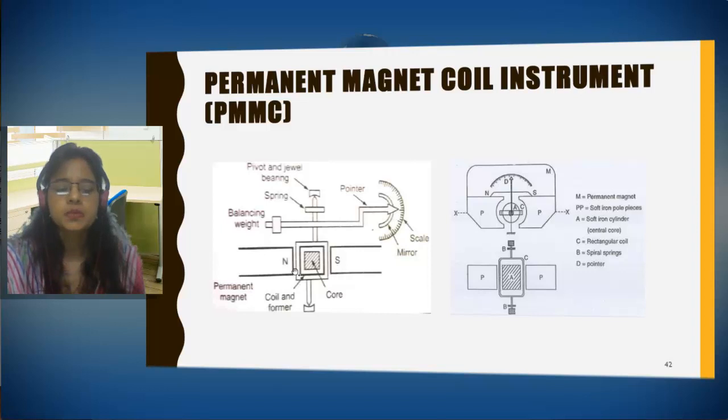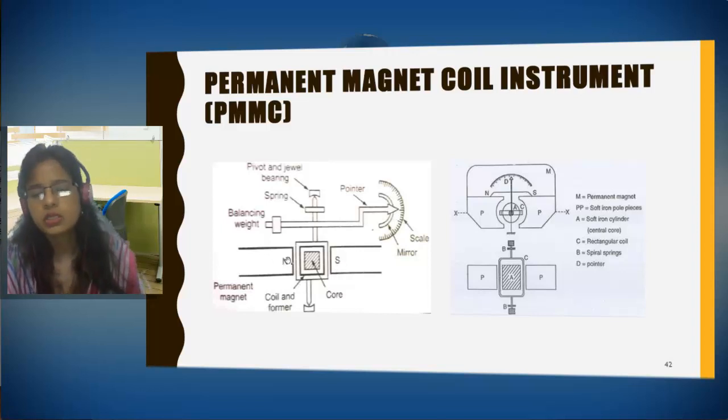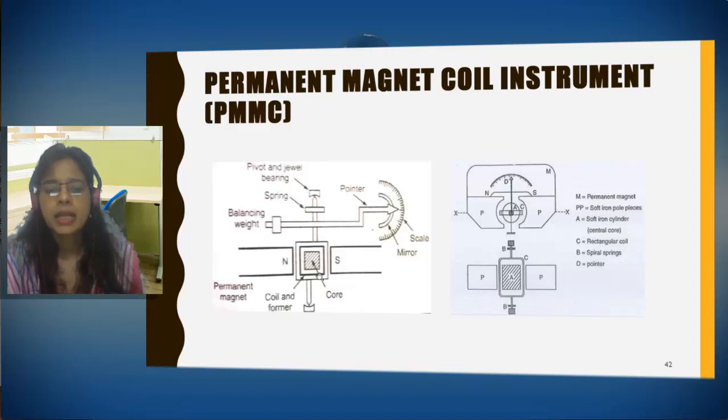So the main thing is, north pole south pole is there, magnetic field is there, current is applied to the conductor, and the current flowing conductor is placed in a magnetic field. Whenever a current carrying conductor is placed in a magnetic field, the coil experiences a force. Due to that force a torque will be developed and this coil will start rotating.